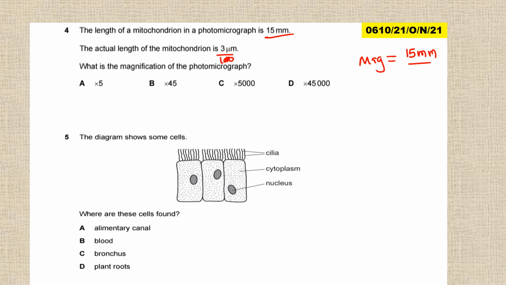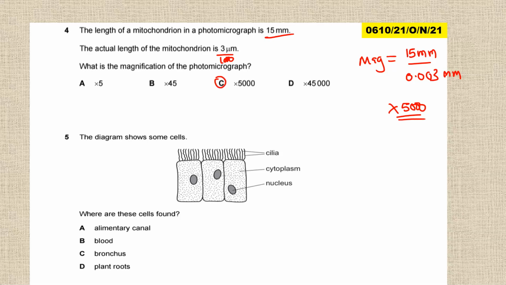So 3 divided by 1000 is going to give us 0.003. So now 15 divided by 0.003, and we are going to have 5000 magnification. So the answer here is C.